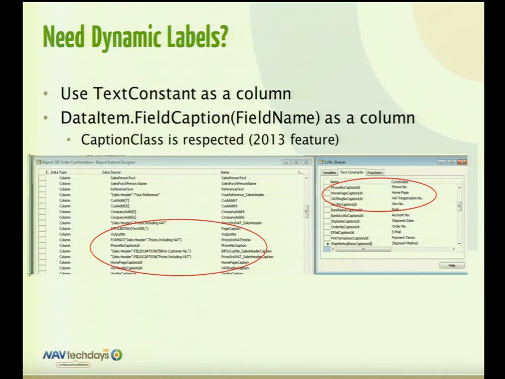And one very interesting thing which we have introduced in 2013 is this will now respect the caption class. That means if your data item is referring to a table, and you are accessing the caption of the field inside the table, and that has a caption class property, that will now be respected.